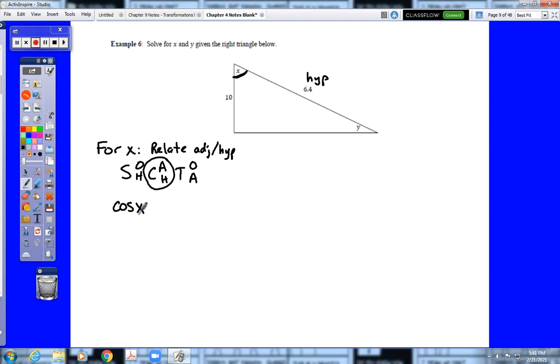Then we write an equation. The cosine of our angle, which is x, equals 10 over 6.4. First of all, there's no way that could be 6.4, so we're going to make an executive decision and change it to 64, because 6.4 is too small to be the hypotenuse of a triangle where there's 10. Anyway, we need to take the inverse cosine, the arc cosine, of each side.